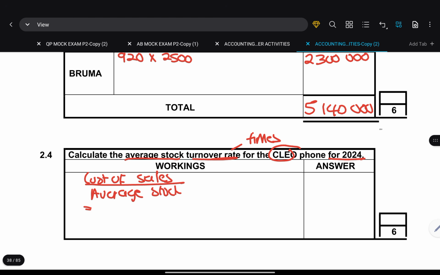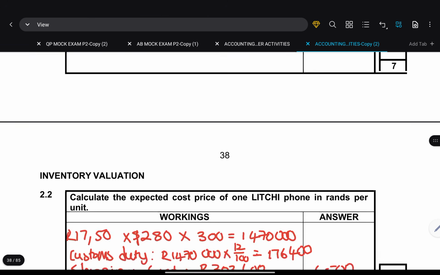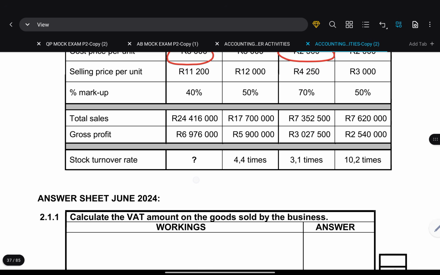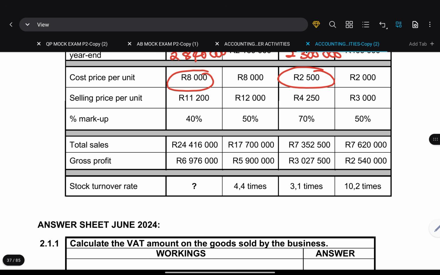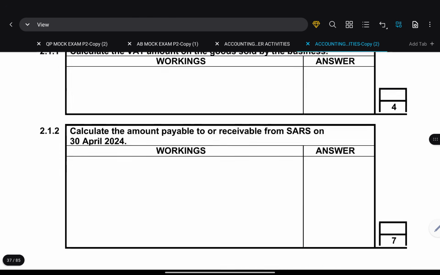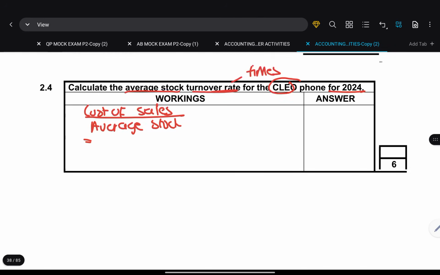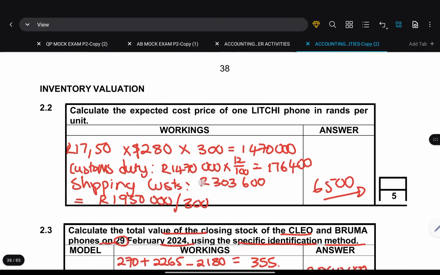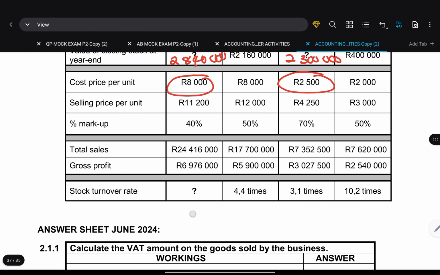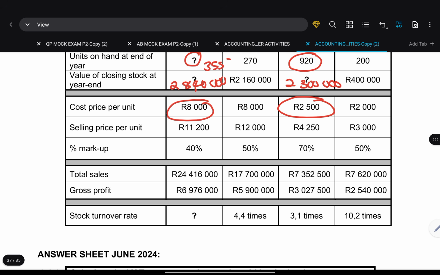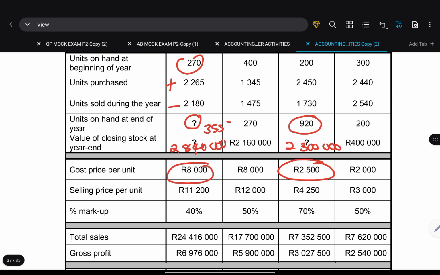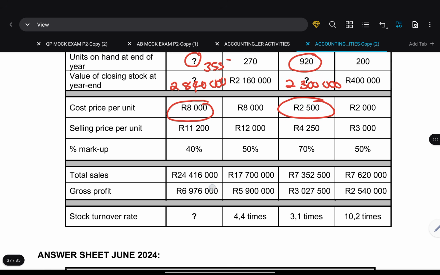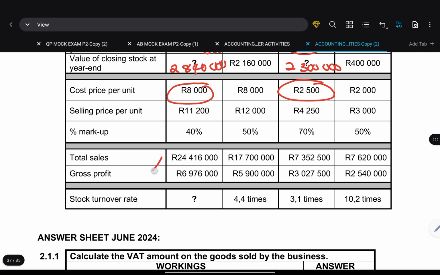Now, if you look at this, guys, when you look at the information, they gave you the cost of sales, right? Let me just check which item we are focusing on. We are focusing on Clio. Your cost of sales is indirectly hidden. So this is your Clio, and we just need to get the difference between these two.